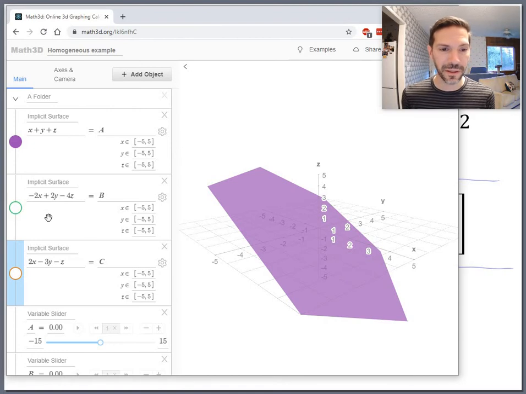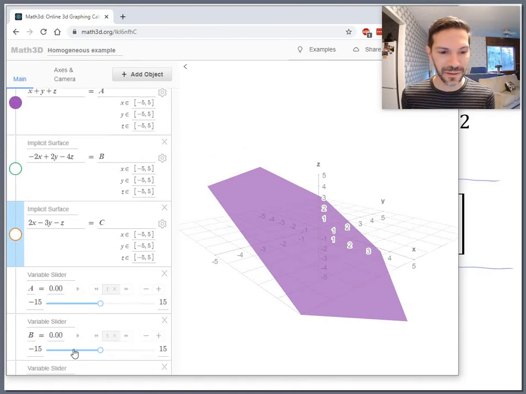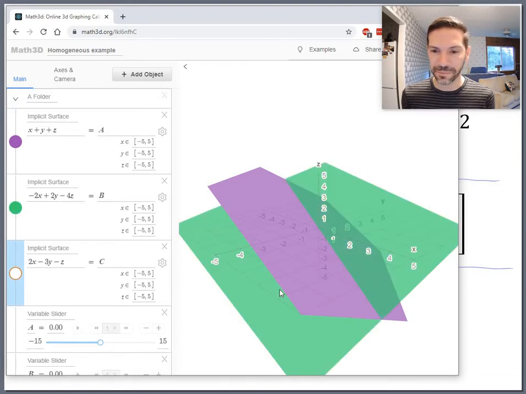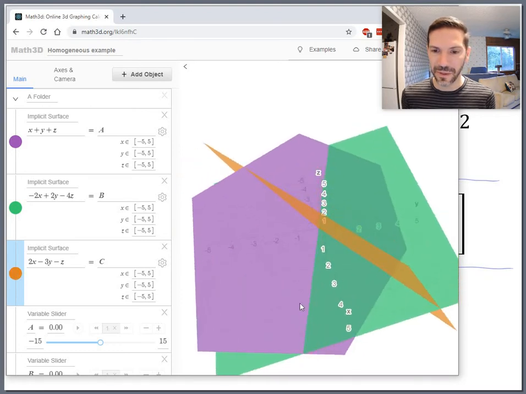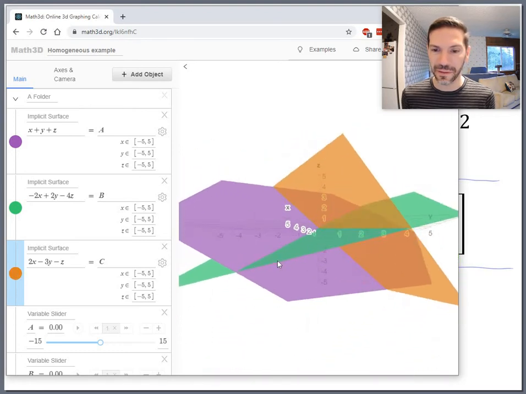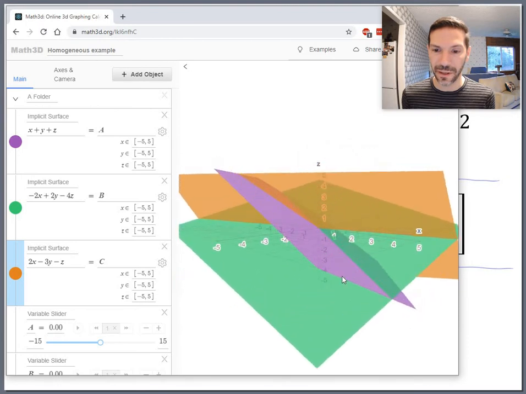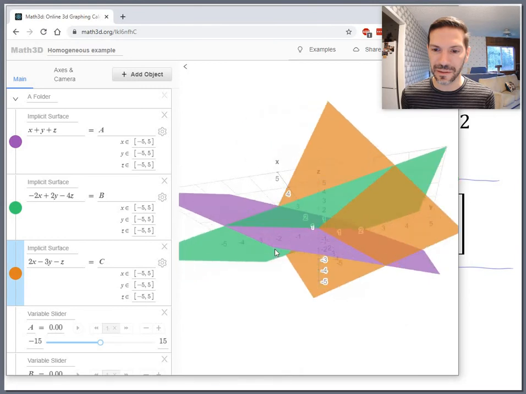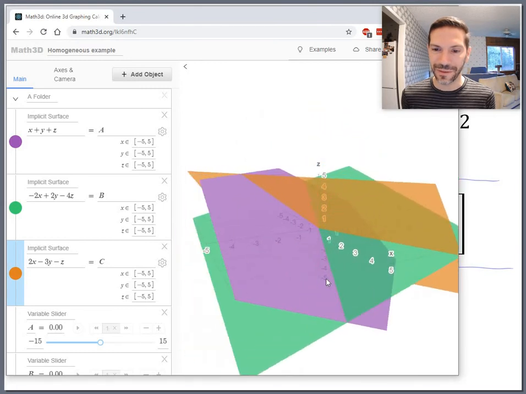Okay, but let's go ahead and look at the other one. Negative 2x plus 2y minus 4z also equals 0 at the moment. B is set to 0. So we'll put that one on there as well. And let's go ahead and turn on the third one. Notice graphically, a solution set means where do all three of them intersect. And notice that they do indeed intersect only at the origin.